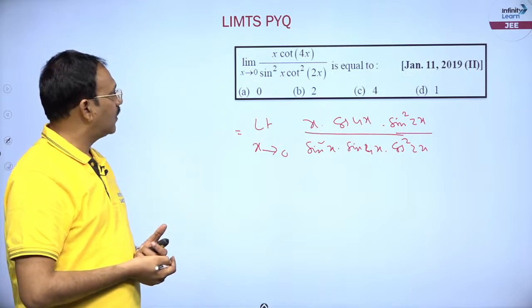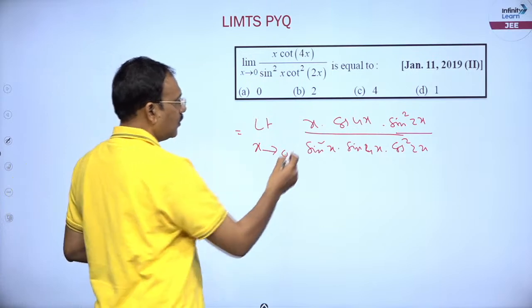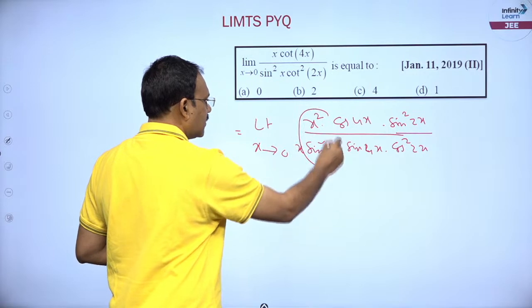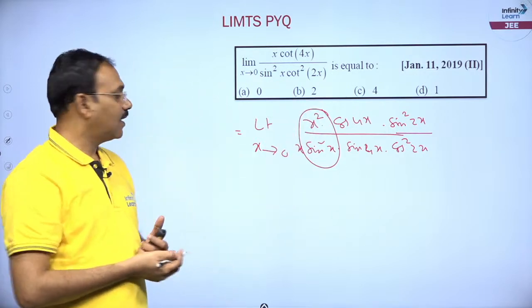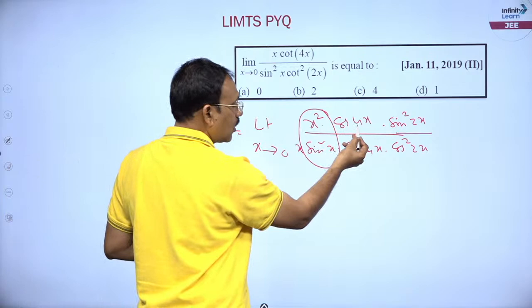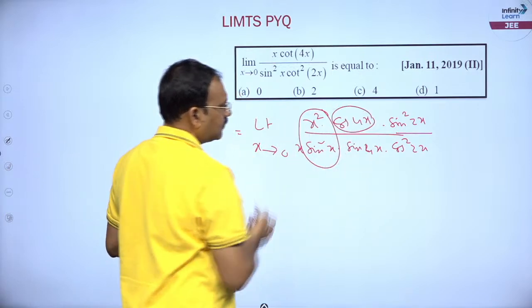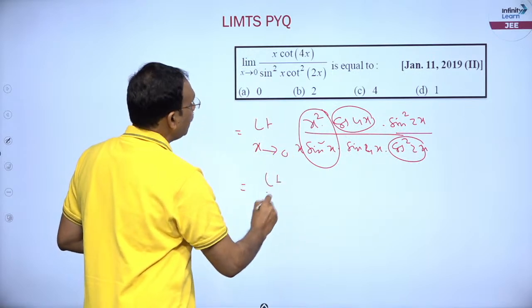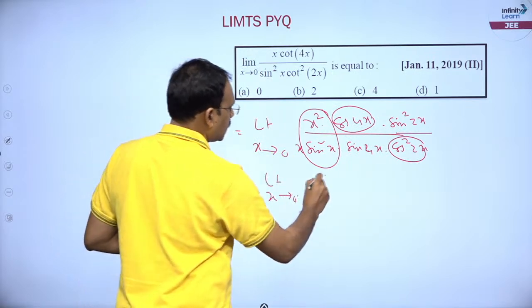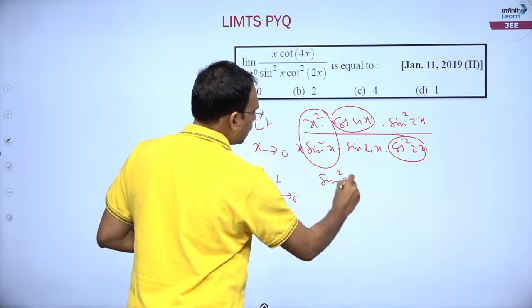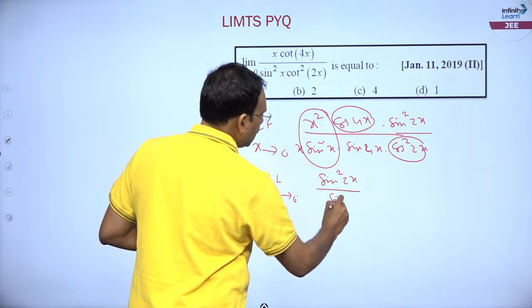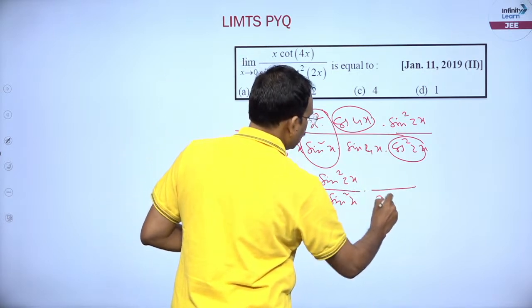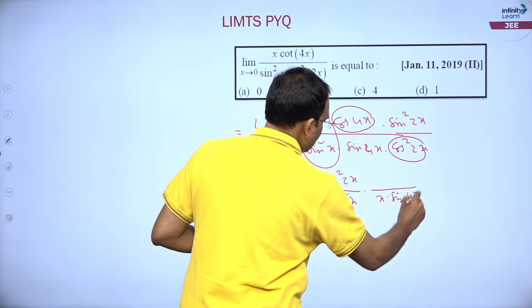Yes, fine. Of course, dear students, now you just write x square and x here, x square by sine square x will become 1, and as x tends to 0, cos 0 is 1, this is 1, this is also 1. So you are left with limit x tends to 0 sine square 2x by sine square x, I can write here x into sine 4x.